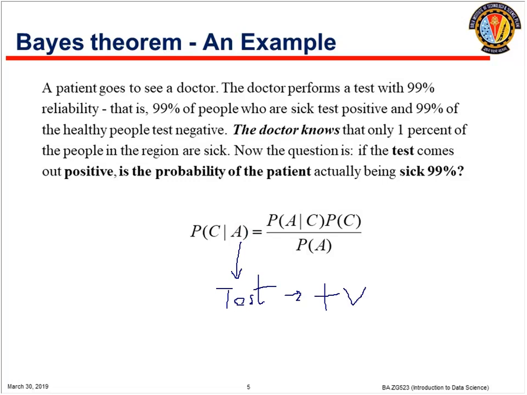That is A. And let's say you want to find out C. C is the event that the person has the disease.